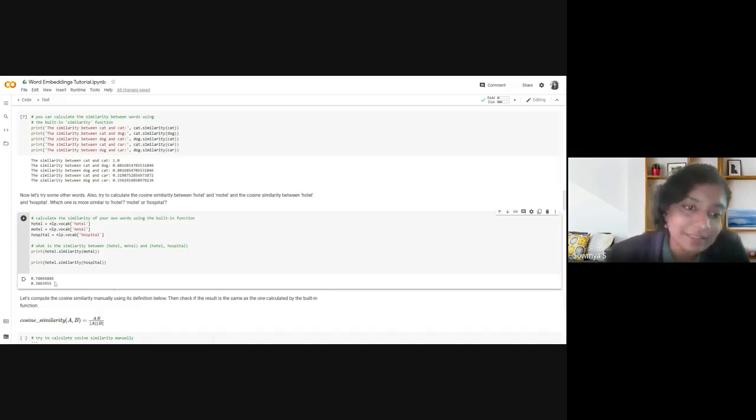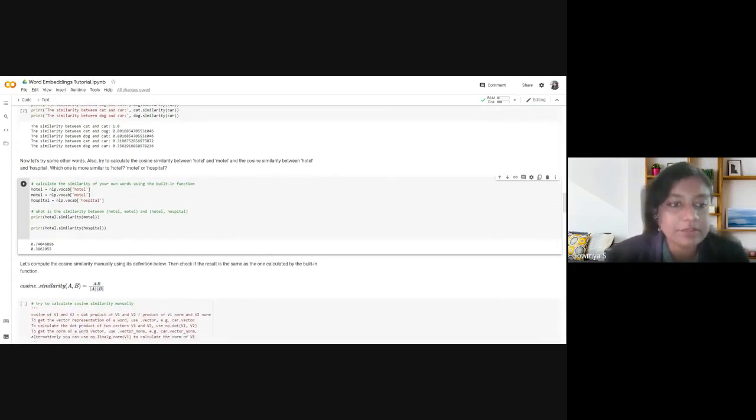But here we get the semantic similarity that hotel and motel is more similar than hotel and hospital. Whereas in Jaccard similarity, both of them would have been equally similar because we have four characters that are similar in both. So that is the importance of analyzing this.